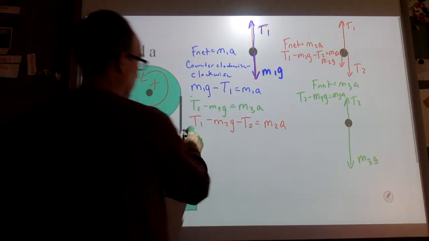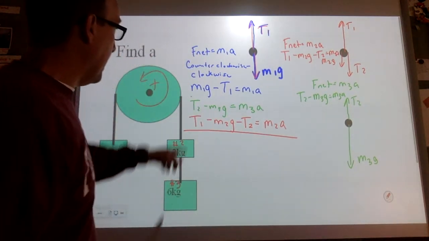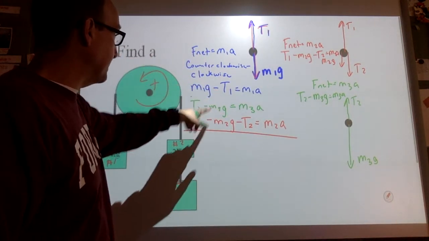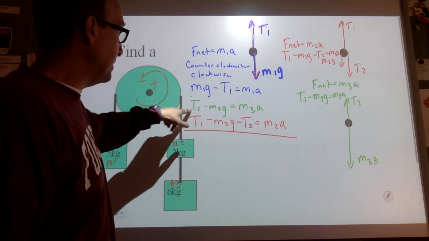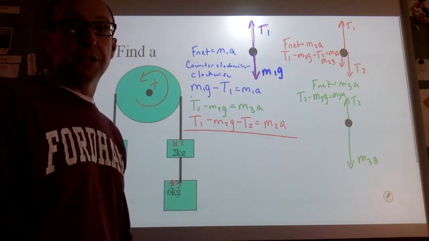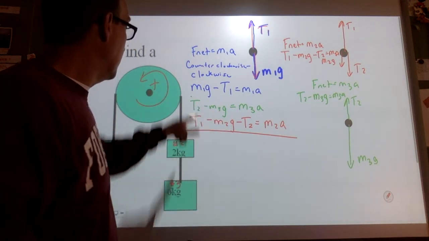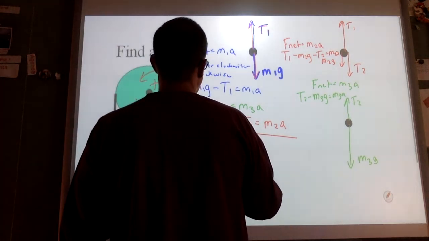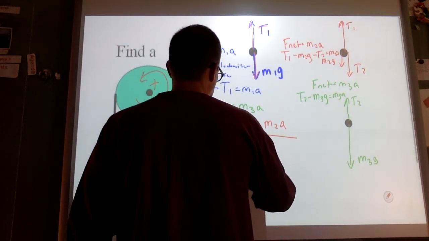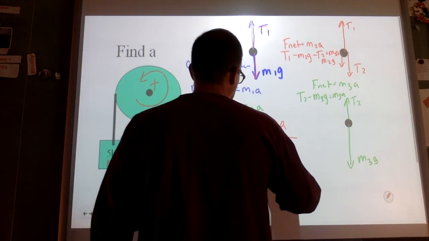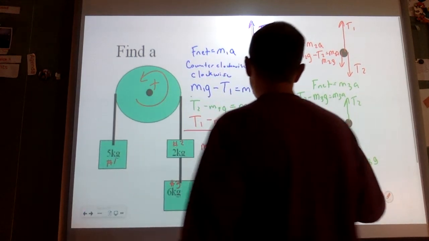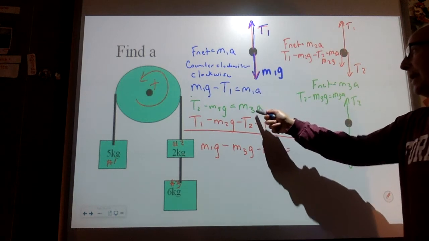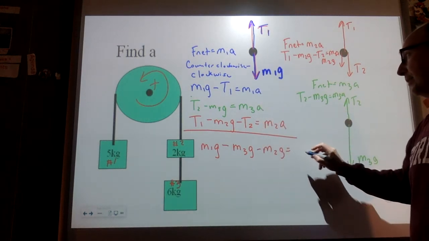So if I add these together, I'm going to have a negative T1 and a positive T1. The T1s go away. T2 and negative T2. The tensions are internal. They disappear. And so I have M1G minus M3G minus M2G is equal to M1A plus M3A plus M2A.